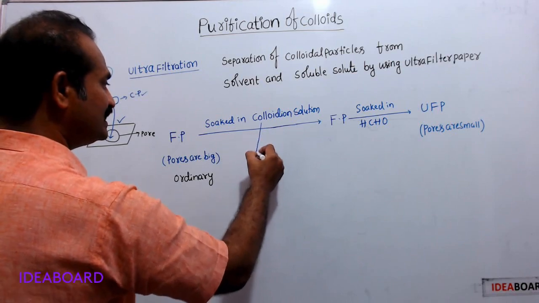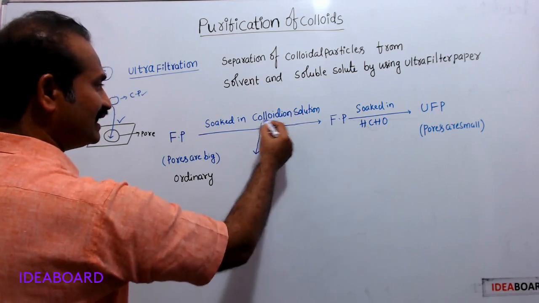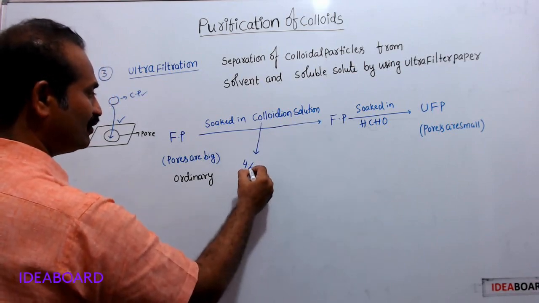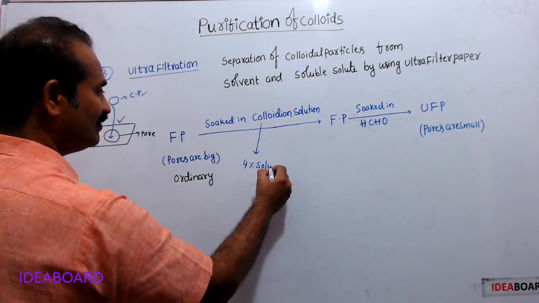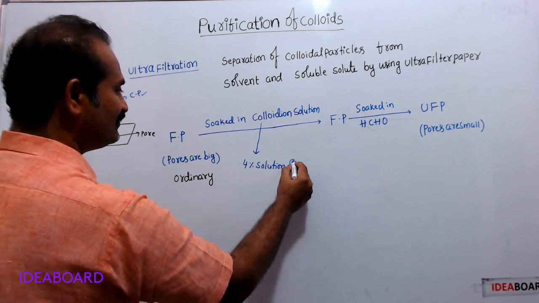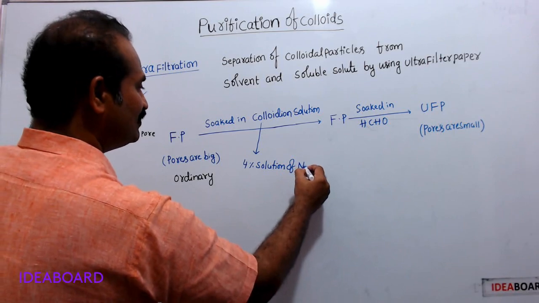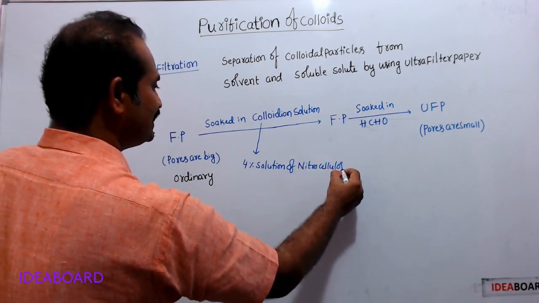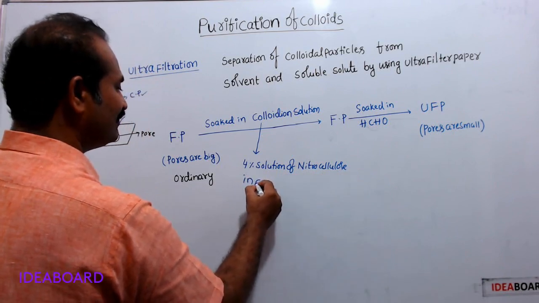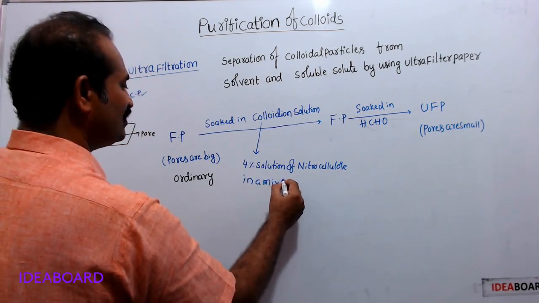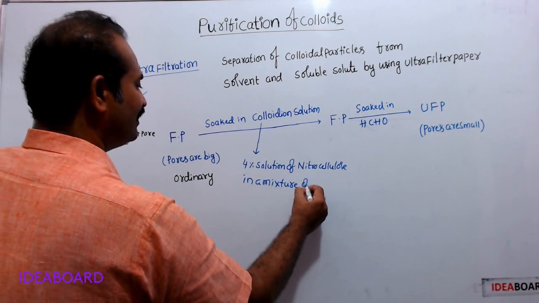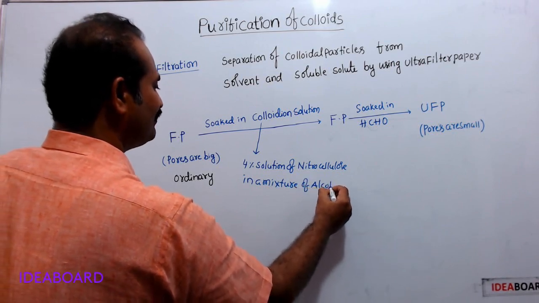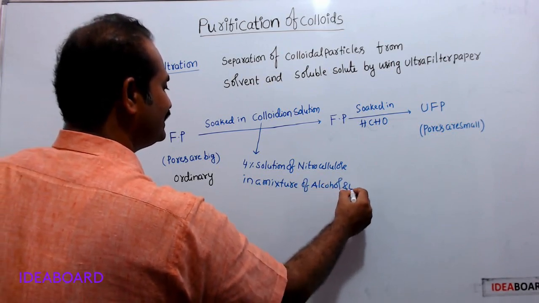solution. This is colloidin solution, otherwise gelatin solution. This is a 4% solution of nitrocellulose in a mixture of alcohol and ether.